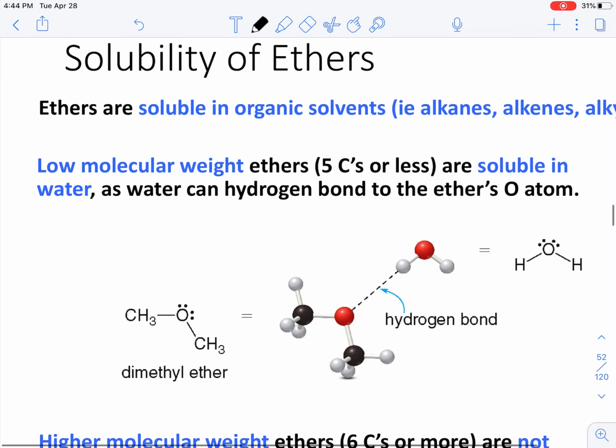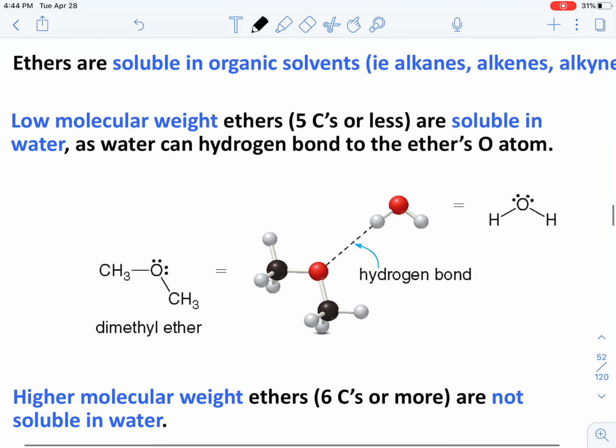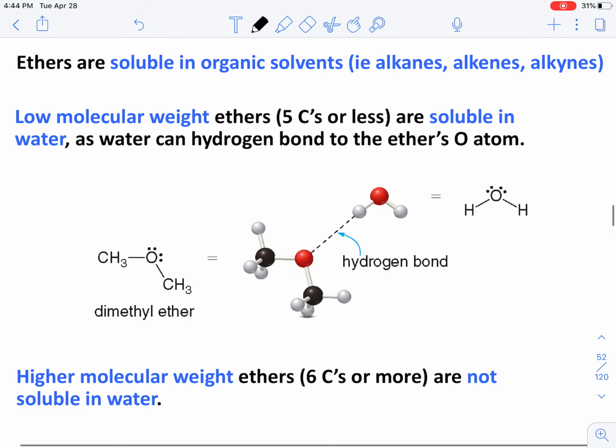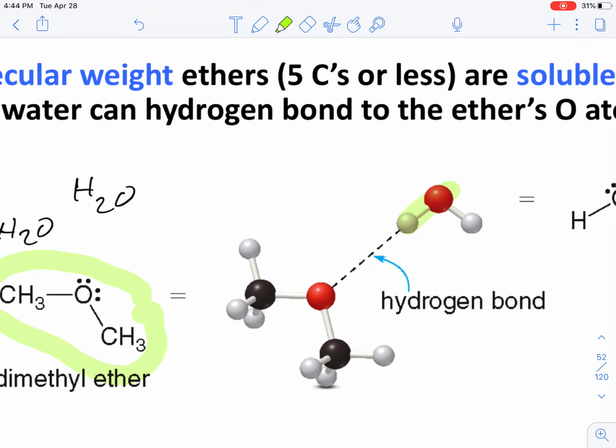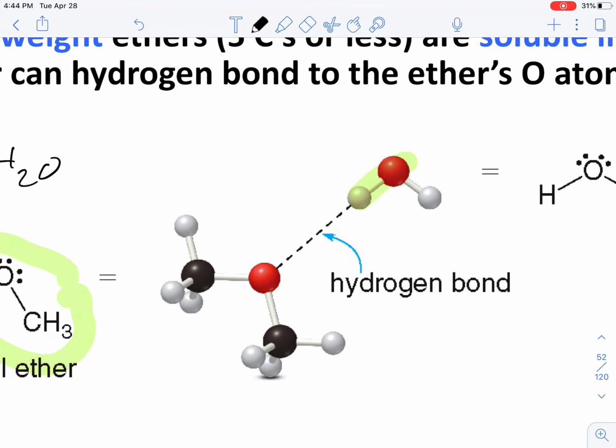In chemistry, water is our most common solvent. Here, if you look at this dimethyl ether, and you surround this dimethyl ether with a whole bunch of water molecules, the OH on that water molecule, as seen here, so this is going to be an oxygen and this is going to be a hydrogen.